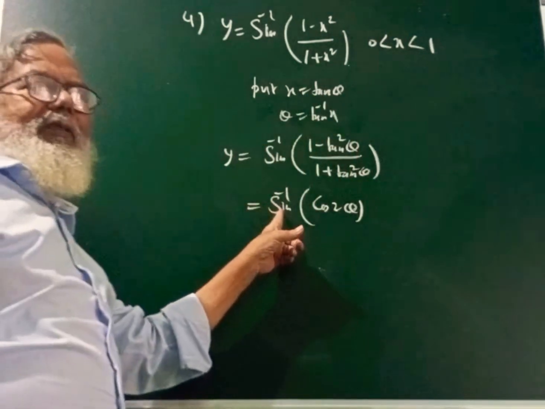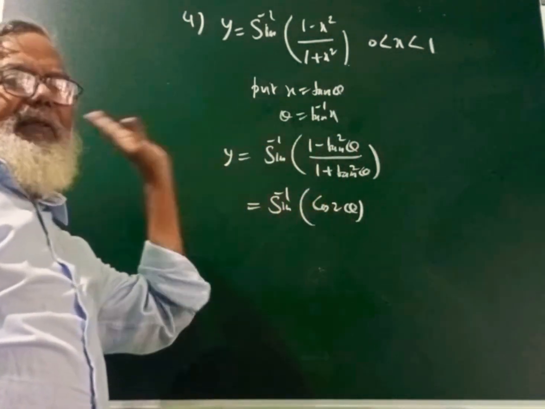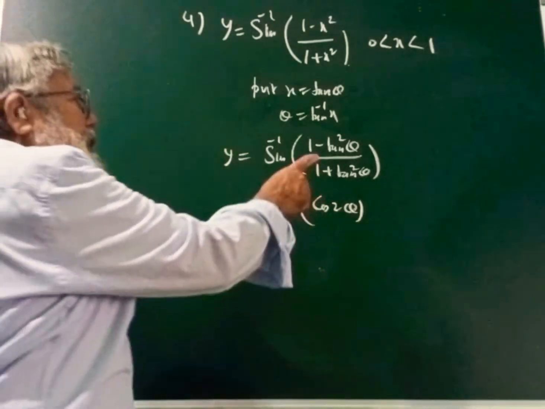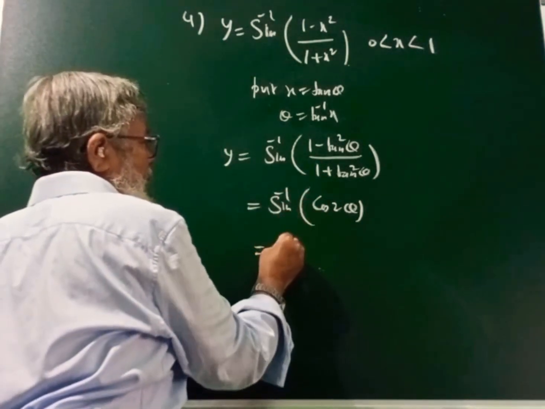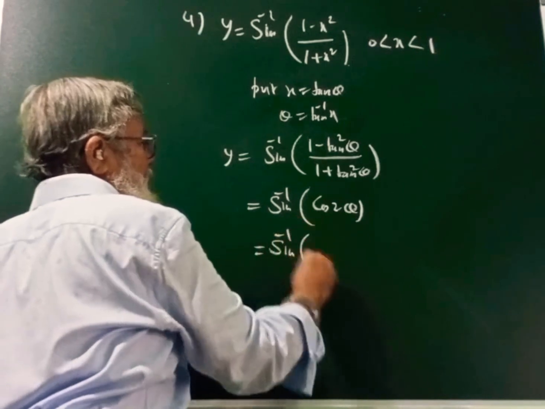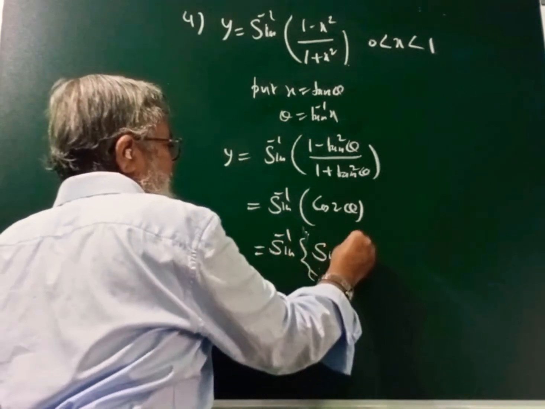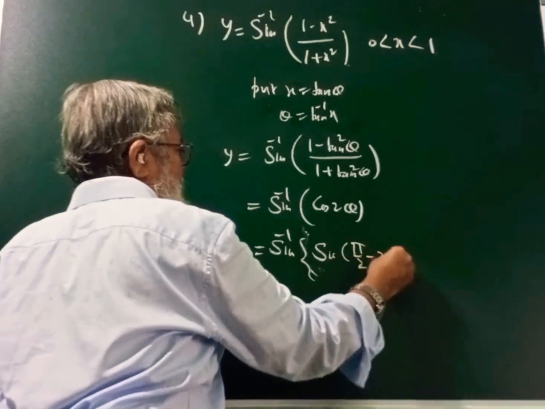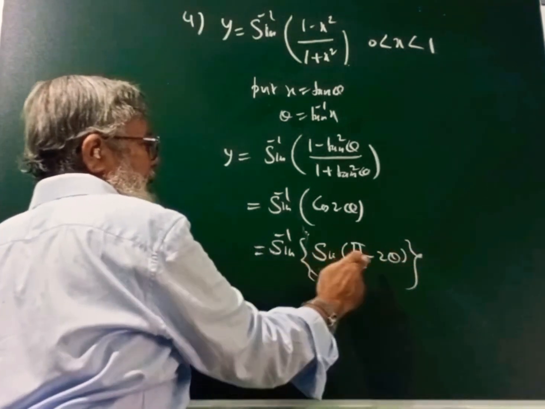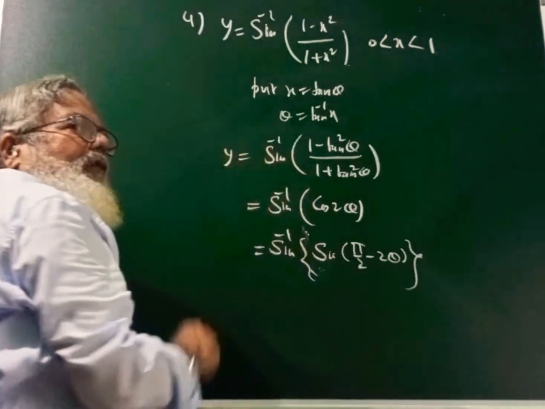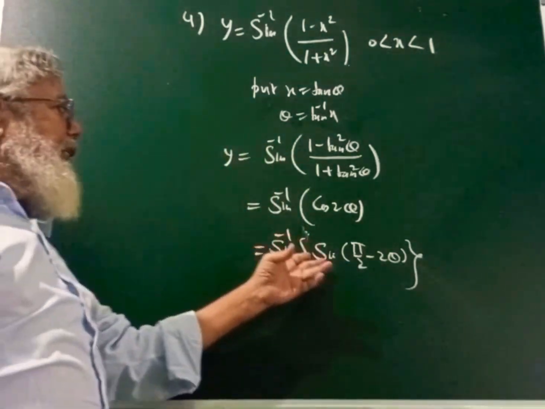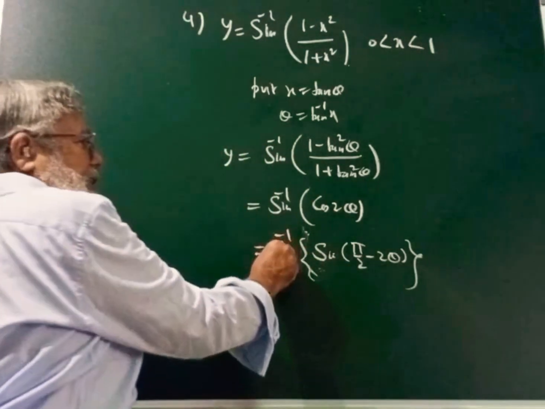But we know sine inverse cannot cancel with cos theta. So therefore we have to convert it into sine theta. Cos 2 theta can be written in terms of sine as sine of 90 minus 2 theta. See here, sine of 90 minus theta is cos theta. The value remains the same and it is converted into sine. Now we can cancel sine and sine inverse.